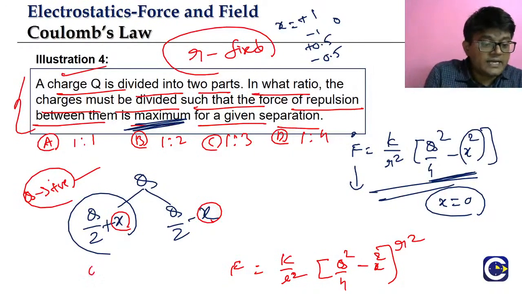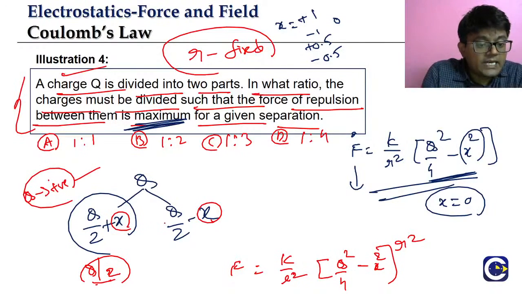x 0 means பாருங்க what will be the two charge values. இந்த பக்கம் என்ன வருது, x is 0 means q by 2, அந்த பக்கம் q by 2.